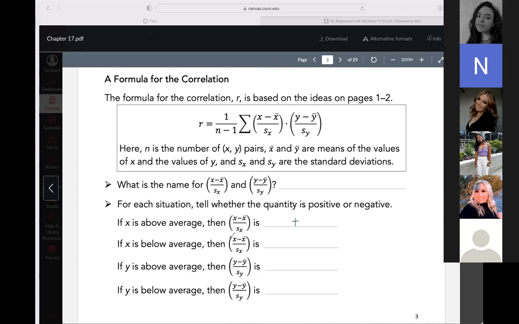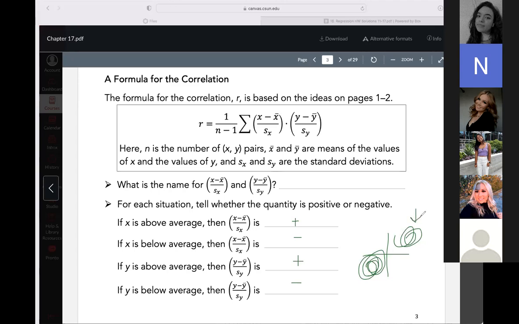If X is below average, then X minus X bar over SX is what? Negative. If Y is above average, then what is this? Positive. And what if Y is below average? Negative.